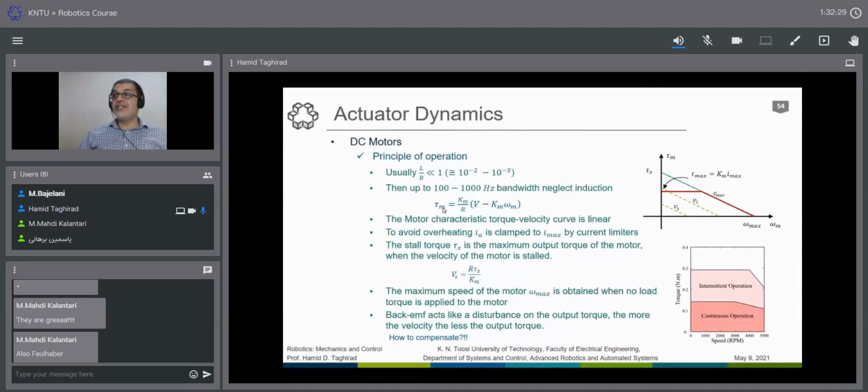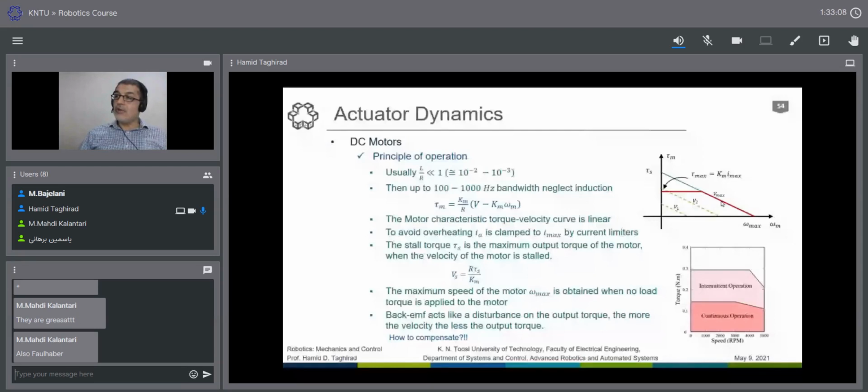And as you see, this relation provides you a linear relation here. We say that as the velocity goes on, the torque is reduced, as you see in here. We have a Km Rv, we have a constant value here, K max, and then to avoid overheating, we never keep the motor at stall, basically, and you usually consider this part of the motor as we go away.